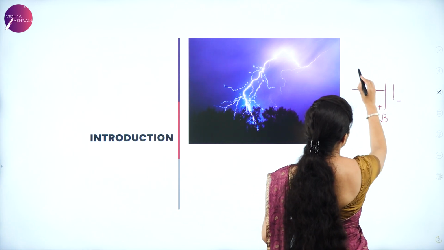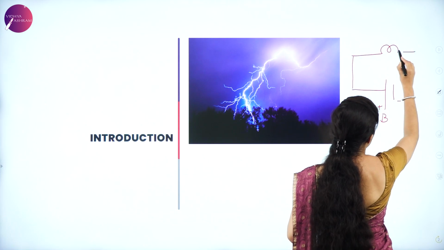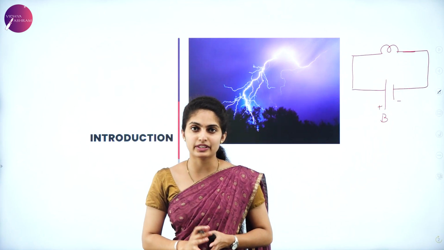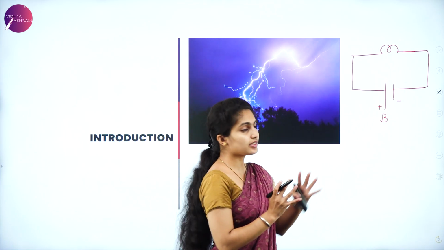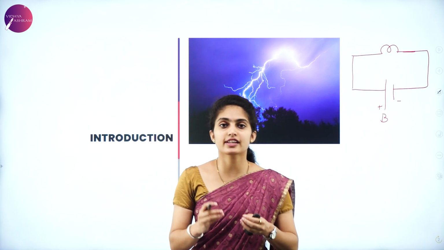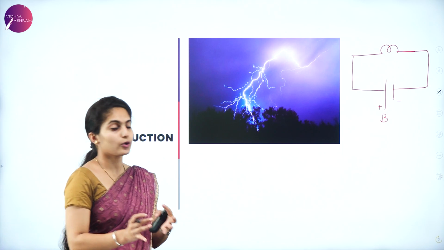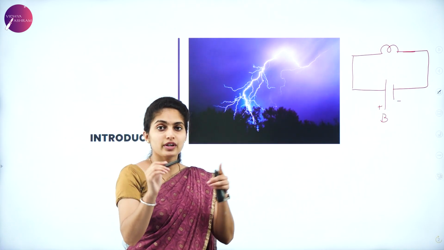It is connected to a circuit where you have a bulb, and then it is connected to the negative terminal of the battery. So this is a circuit connection, wherein there is a presence of a component as well as a battery connected to it. You have a positive and negative connection to the bulb.